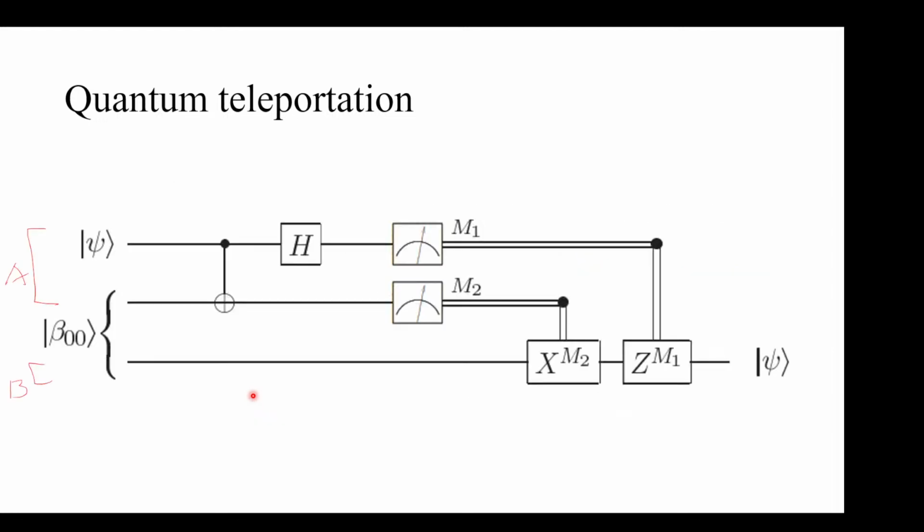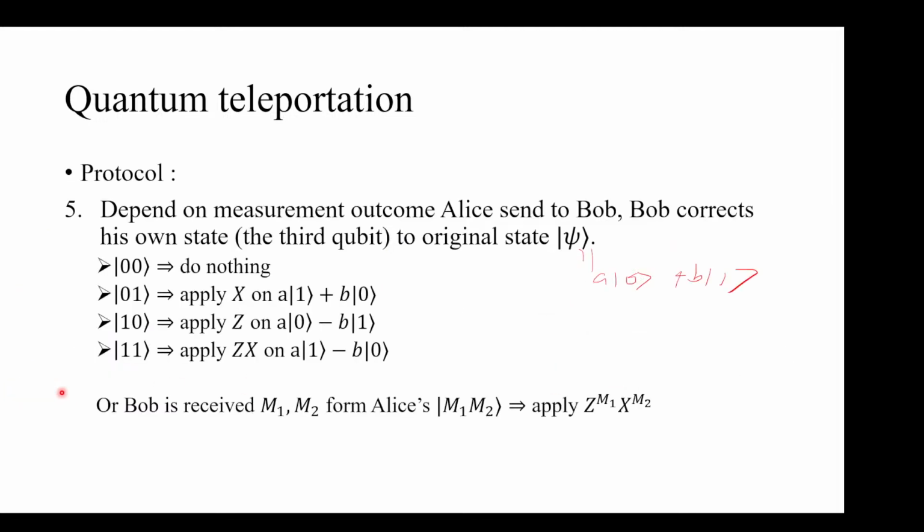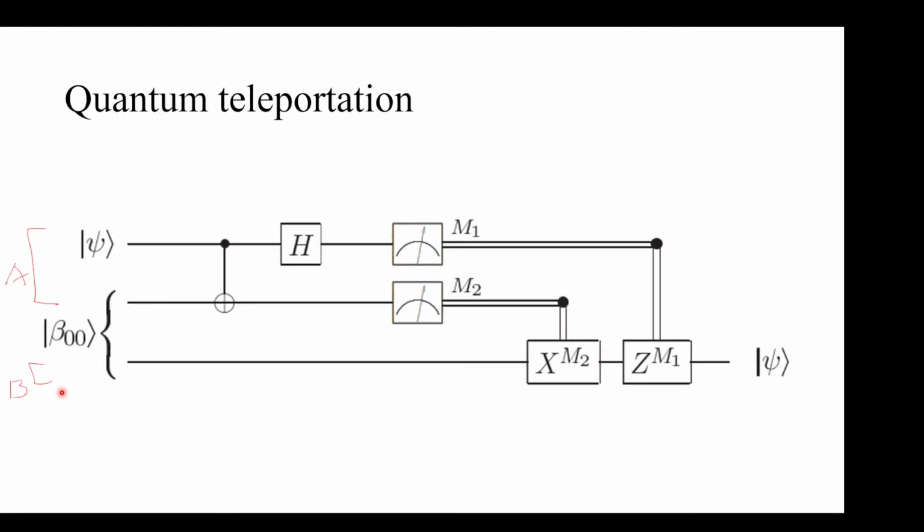Also, Z to the M1 means that if the measurement result is 0, don't do anything here. If the measurement result is 1, do a Z gate here. And as our explicit calculation shows, Bob will always get this state, which is equal to A0 plus B1.